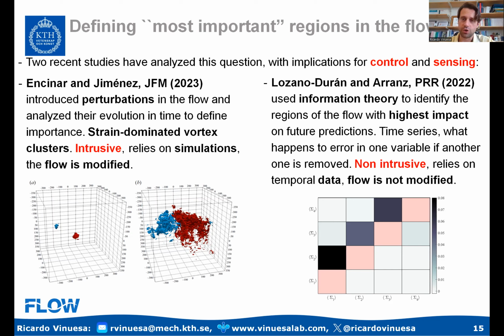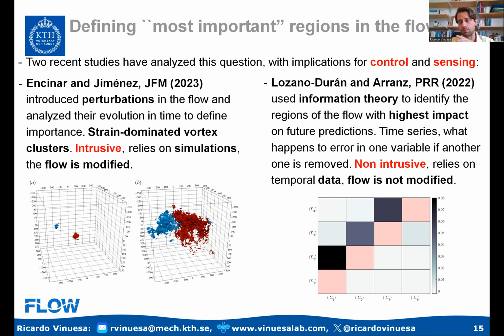Now, an alternative approach was taken by Lozano-Durán and Arranz, which is based on information theory and causality. In this method, which is non-intrusive, that means that you're not modifying the flow, you need time series, which you can obtain from modal decomposition.